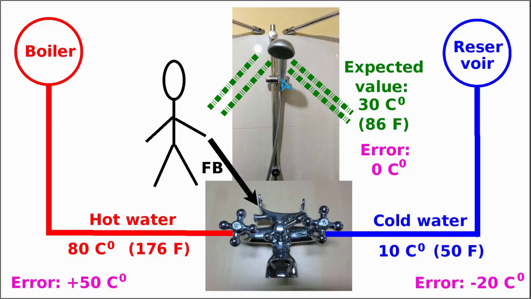In order to stabilize the output, as I have mentioned to you, we are constantly monitoring the output and we are comparing the value of the output to an expected value. Based on the difference between the output and the expected value, we will then calculate an error, and then our controller will try to minimize this error.